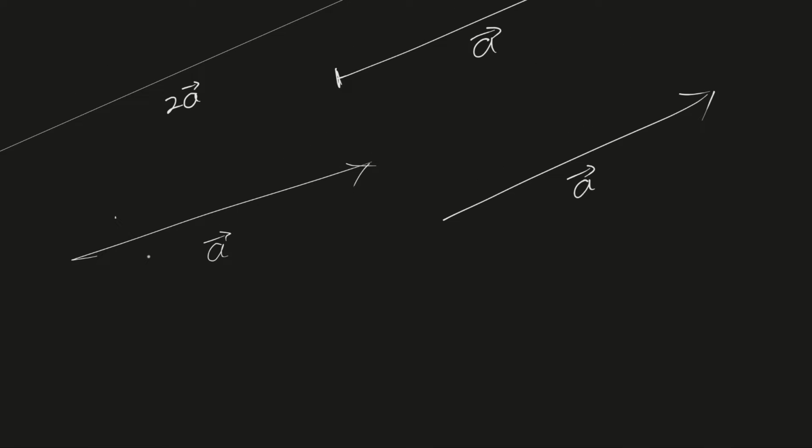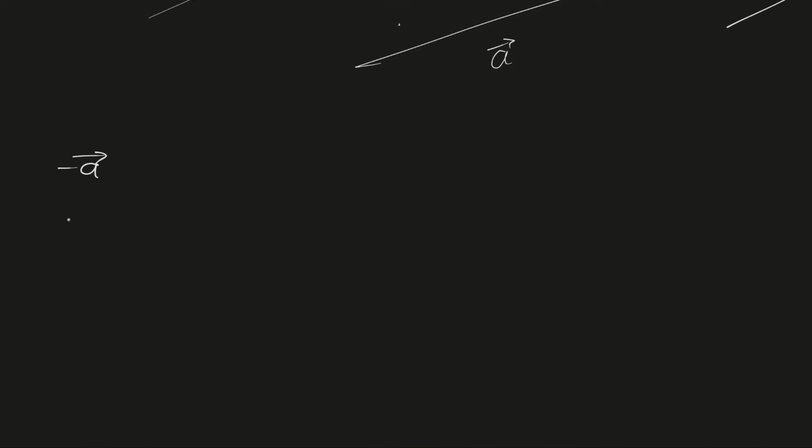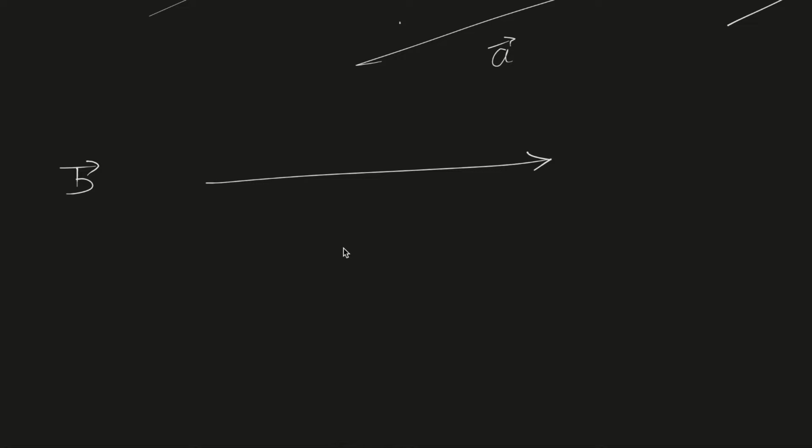And let's suppose the minus a vector, where for the direction of minus a you simply change the direction. Let's suppose I have a b vector, taken in this direction, and then minus b vector is parallel to this but opposite in direction.